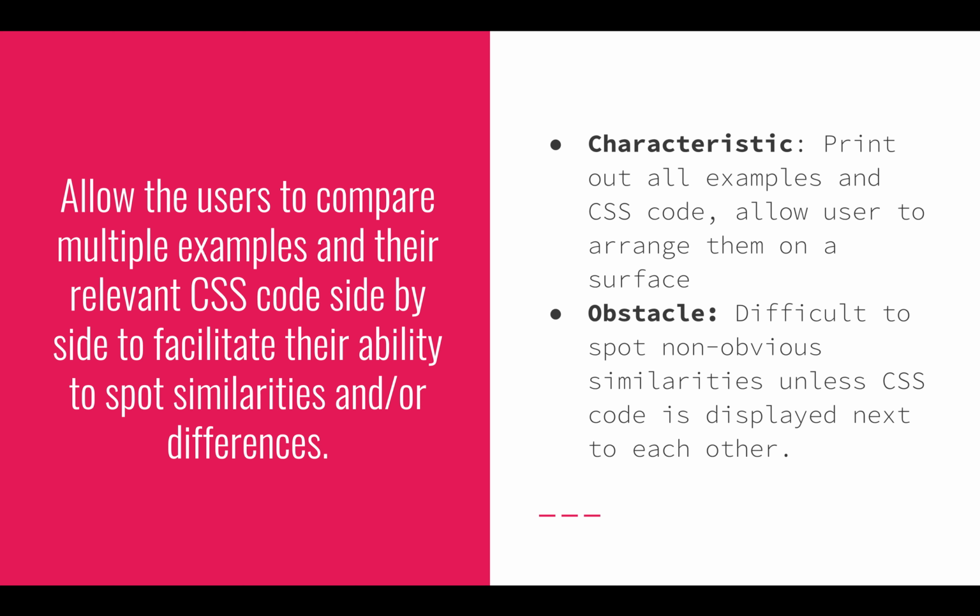The main obstacle this is addressing is that it's difficult to spot similarities that are not intuitive or not immediately obvious, unless you can see the CSS code right next to each other or the web features right next to each other. In the prototype itself, I just printed out all of the examples with their CSS code so that the participant could rearrange them, group things, and see a bunch of them side by side on a surface.